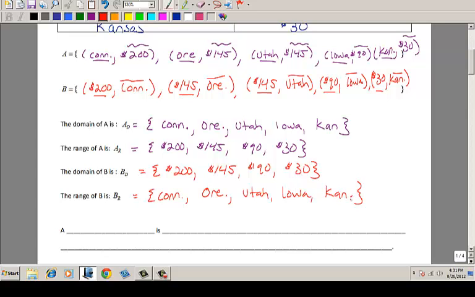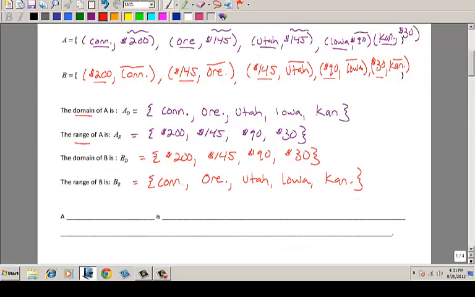Now remember, or recall, we just said a relation is a set of ordered pairs. The domain is the first element in each one of those ordered pairs, and the range is the second element in each one of those ordered pairs. Now let's talk about functions.